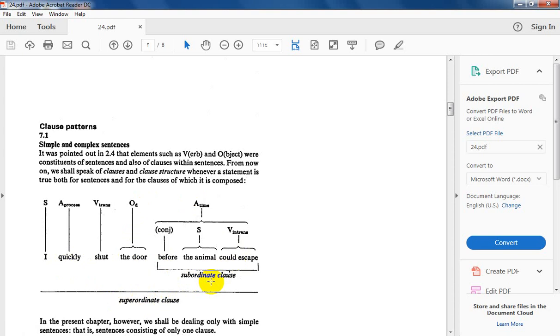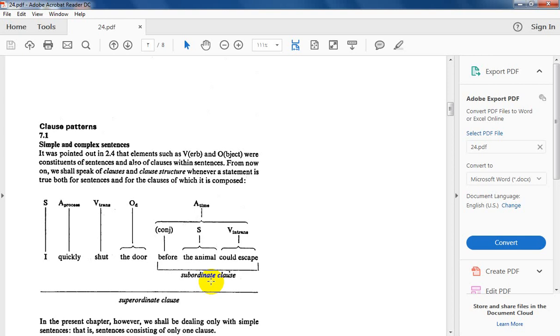And I have discussed the difference between a clause and a sentence. We have said all sentences are clauses, but not all clauses are sentences, since a sentence gives us a clear idea, a complete thought with a subject and predicate, and it can stand by itself.